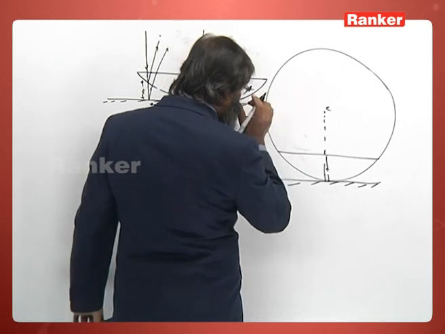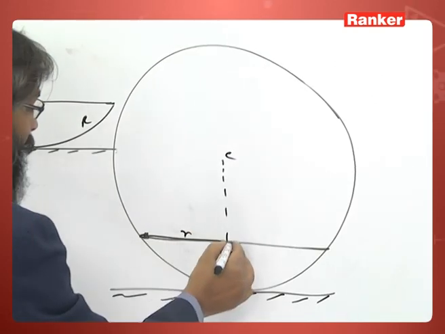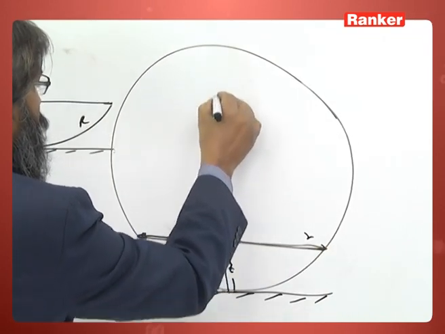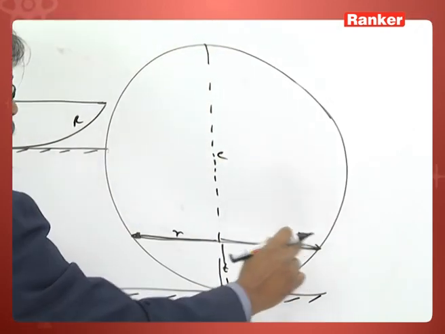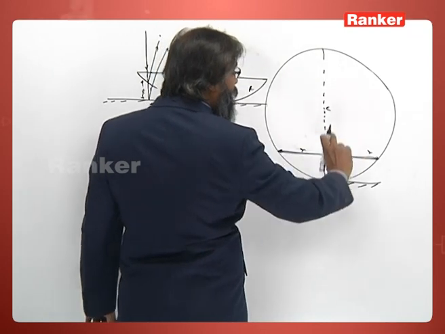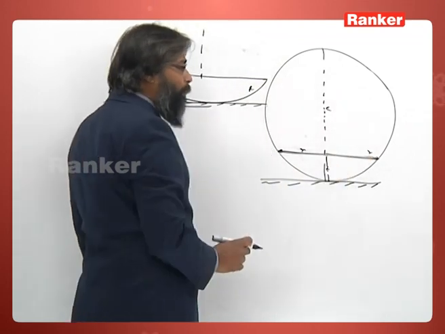So, now you see, from here to here this is R and this is also R. So, if I join this to here, then we have two chords. When two chords intersect, the rectangle contained by them are equal, meaning this into this is equal to this into this. This is by plane geometry.